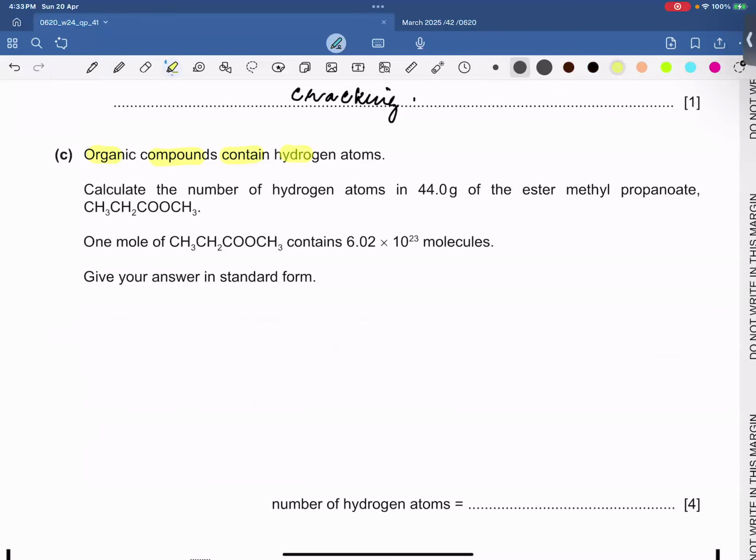Organic compounds contain hydrogen atoms. Calculate the number of hydrogen atoms. Looking for the hydrogen atoms, guys. Not hydrogen molecules. Okay. In 44 grams of the ester methyl propanoate, 1 mole of methyl propanoate contains this many molecules. Give your answer in standard form. Okay, first of all, take out the Mr of methyl propanoate.